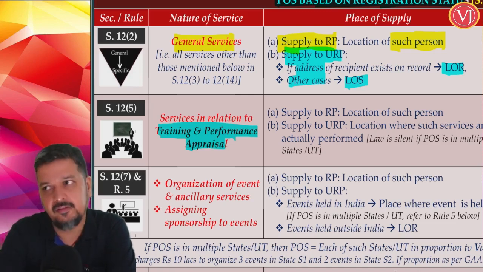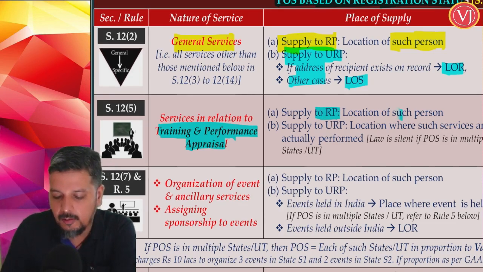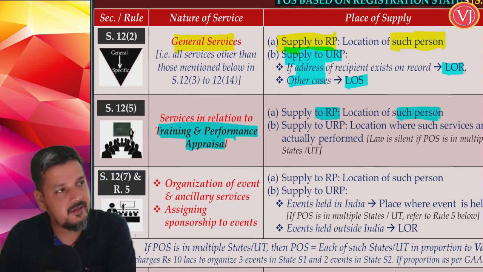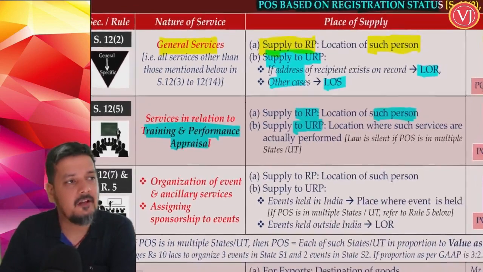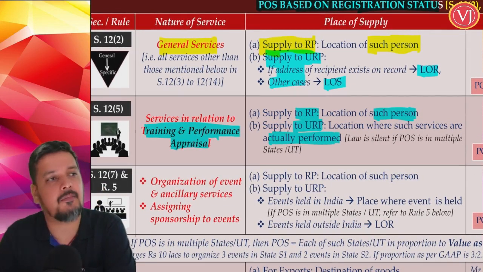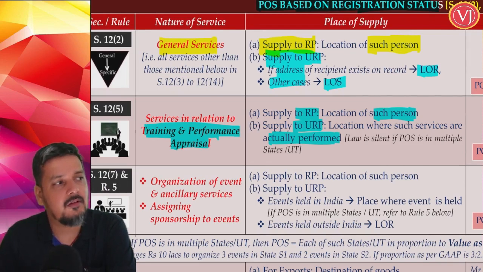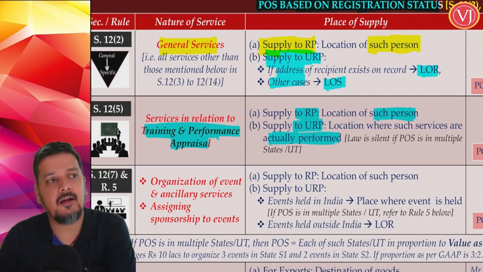In such a case, if it is B2B, location of registered person. If it is B2C, it is where the performance happened. B2B, location of registered recipient. B2C, location where actual performance happened.